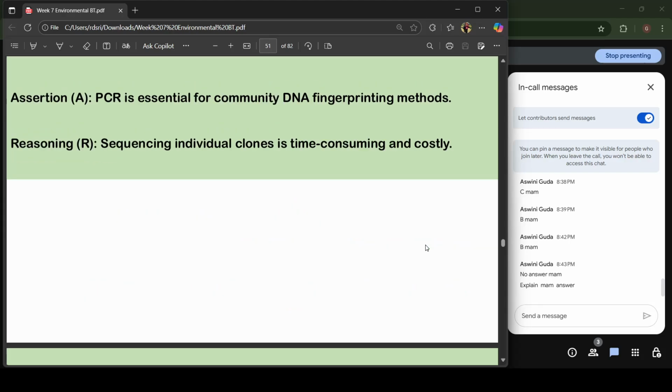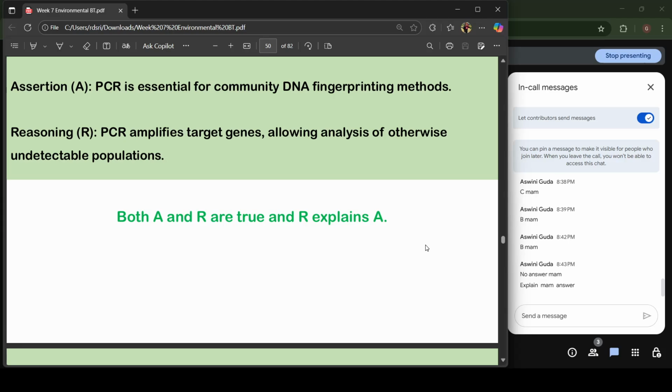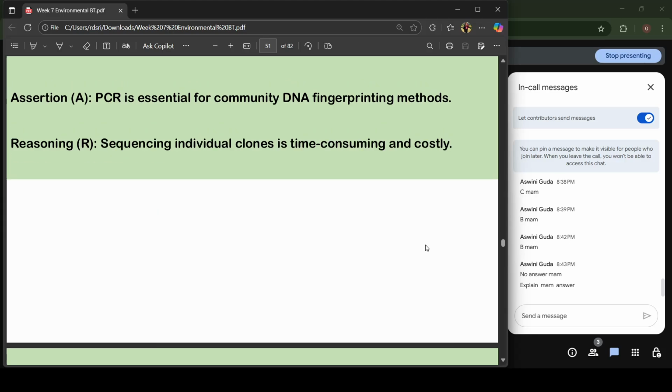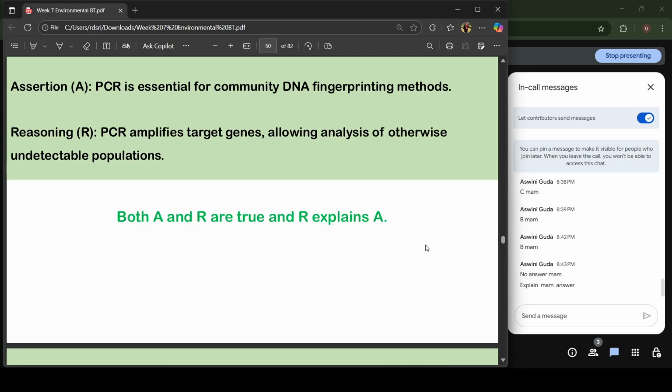Okay, so I think it is interchanged. We'll just directly see this question. Okay, so PCR is essential for community DNA fingerprinting methods, and PCR amplifies target genes, allowing analysis of. Okay, I think we saw this question previously.